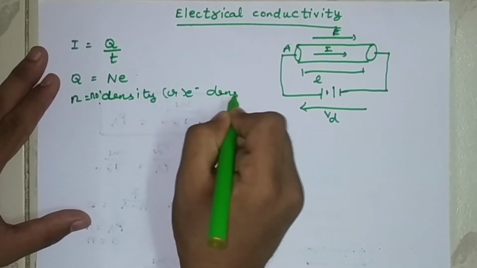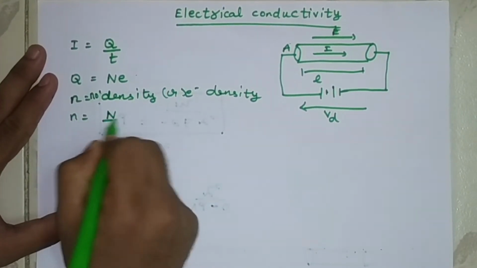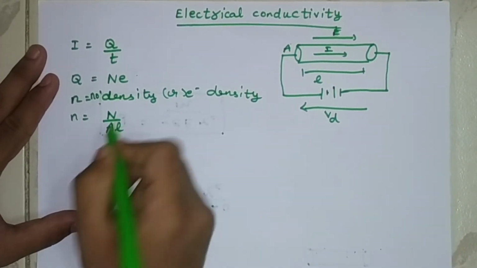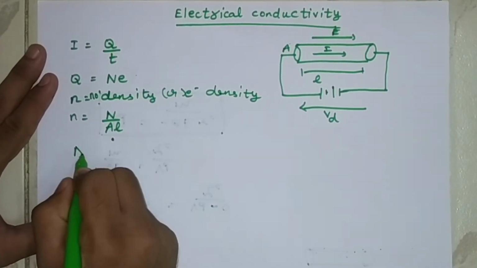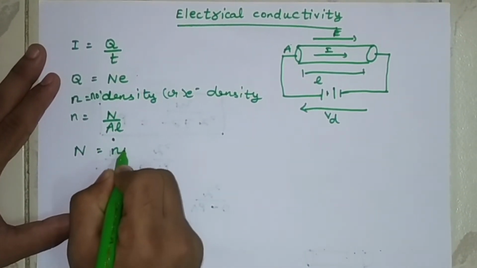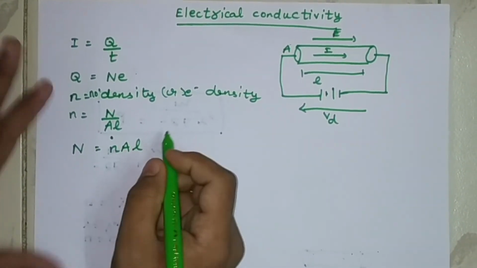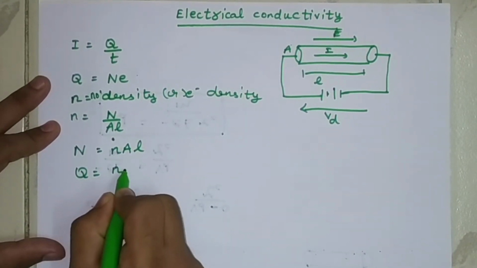It means the number of electrons per unit volume. n equals N by AL, where A is the area of cross section of the specimen and L is the length of the specimen. So the total number of electrons in the specimen will be N equals nAL, and the total charge will be Q equals nALe.